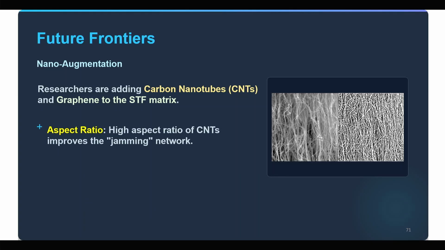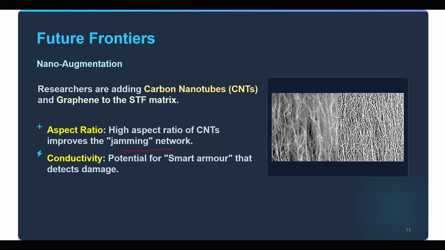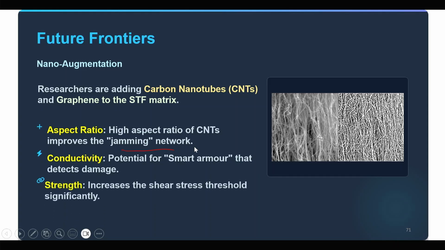The high aspect ratio of carbon nanotube improves the jamming network, so along with the STF we can use carbon nanotube. Potentially, smart armors can be made with higher conductivity, and it will increase the strength.